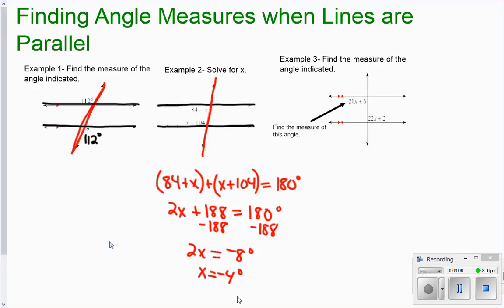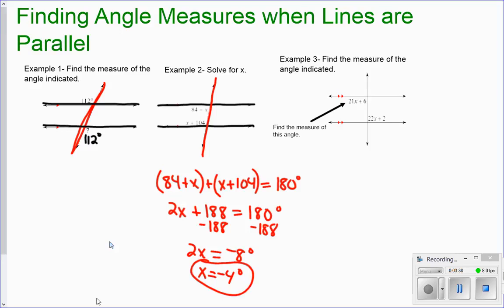In this particular problem, they asked me to solve for x, so I have done that. They're not asking for a particular angle measure. So x equals negative 4 degrees, which sounds kind of strange that it's a negative number. However, if I were to substitute negative 4 back into one of those angles, I would see that the measure of the angle is a positive number. It's just that x itself is equal to negative 4 degrees.